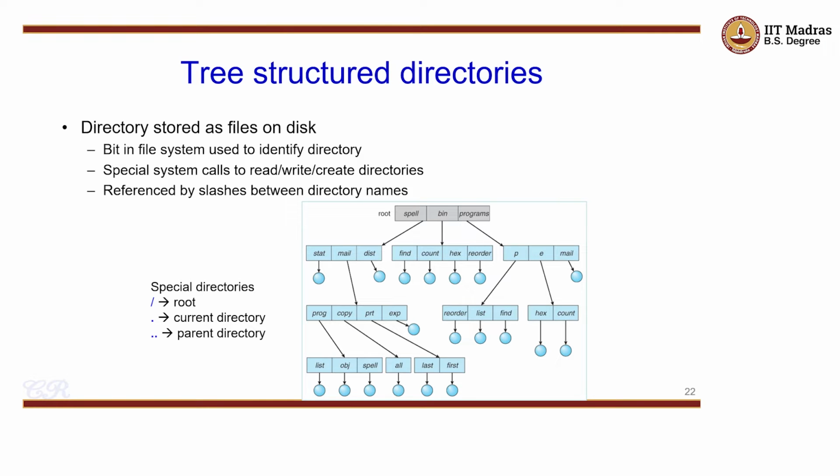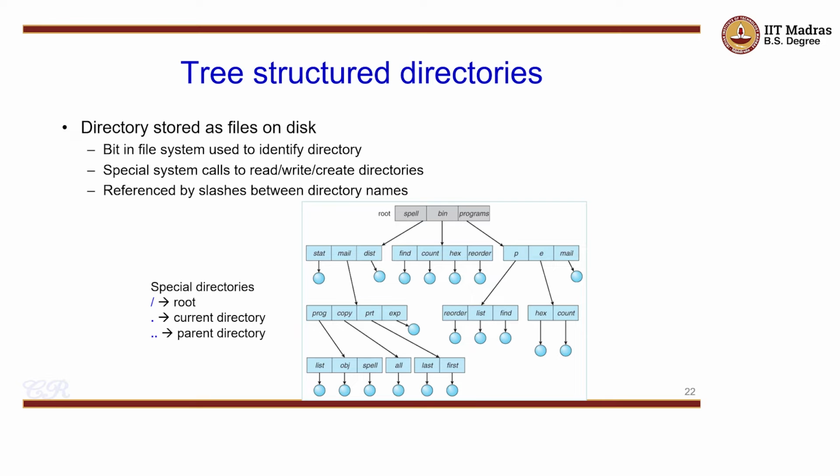We have the root directory which is at the top of the tree, and below this we could have several other directories, and within a directory you could have other directories or files that are stored in that particular directory.